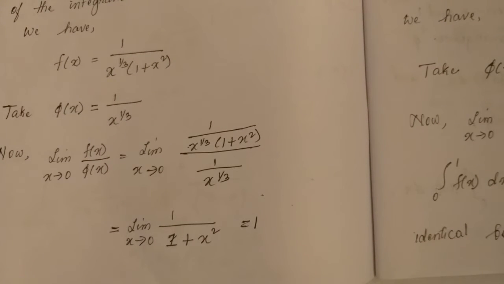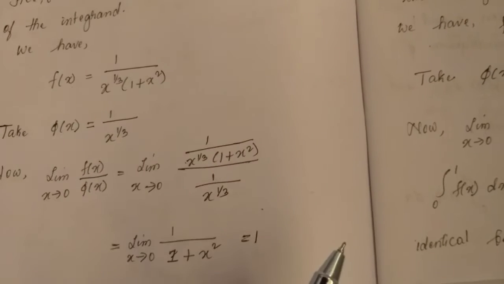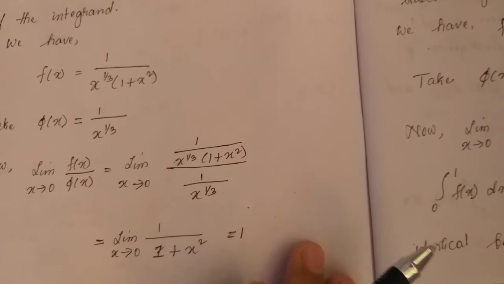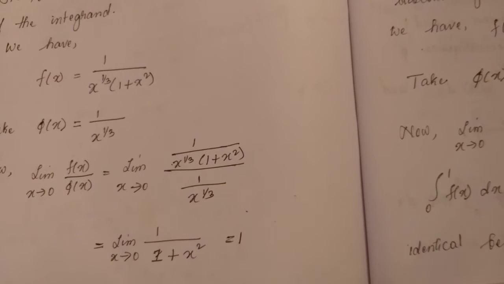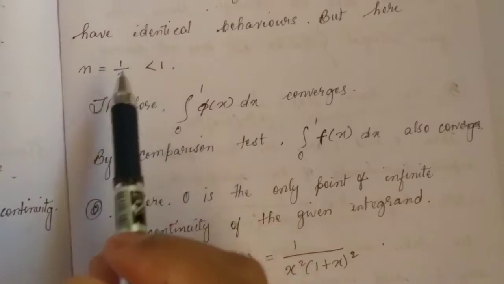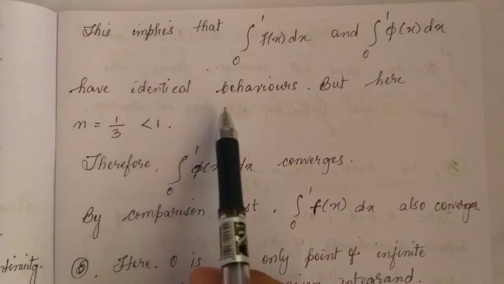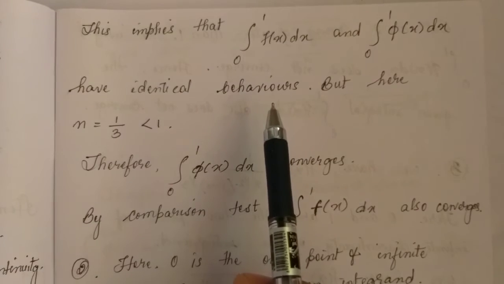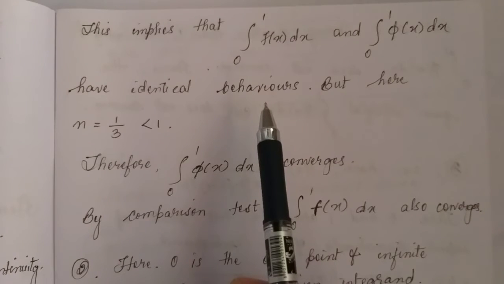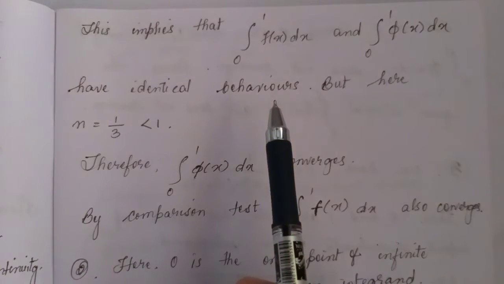Remember, the limit here is equal to 1, which is neither equal to 0 nor equal to the infinite value. It means that these two functions, f of x and phi of x, are having the same or similar behaviors. They are having identical behaviors, as I have written here. It means that if f of x converges, phi of x is also converging to a finite value, and if they diverge, then both of them should diverge.